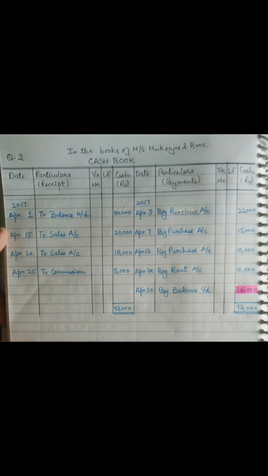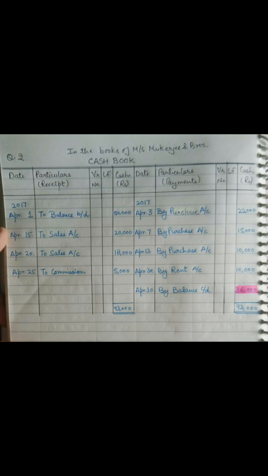Now we have to balance our cash book, and for this we have to total all the cash receipts and all the cash payments on both sides, and where there is a deficit we have to write the remaining amount, the balance amount, in that column by the name to balance carried down or by balance carried down.